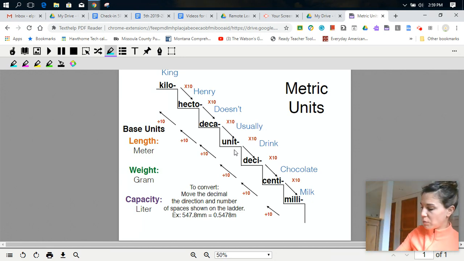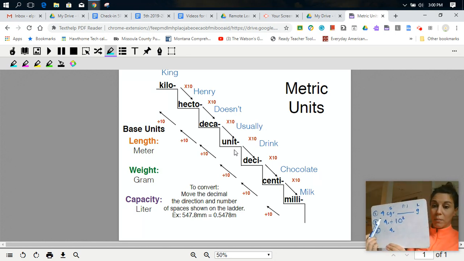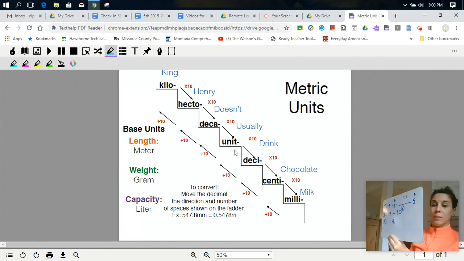Okay, and the third one, I'm just going to shift it. So if I have 4, my decimal sitting at the end of that number, what direction am I going to shift it if I'm dividing? Yeah, if I'm dividing, it should be getting smaller. So I'm going to go to the left. How many places? How many steps did I take in my expression? How do I know that? I look at my 2, right? I'm going to circle my exponent.